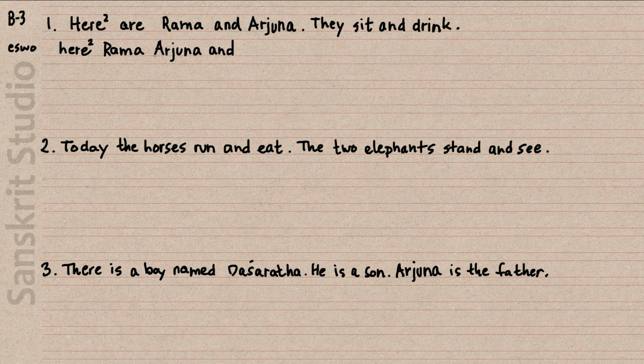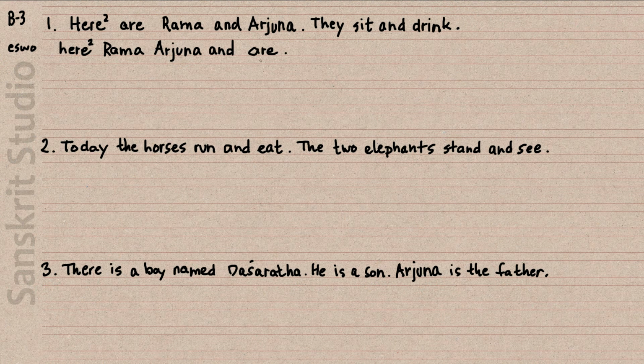So this is syntax 1 for the word type of and, applied here to the 2 nouns, the proper nouns Rama and Arjuna. So that's what's happening here, and then as usual we put the verb last in the sentence.